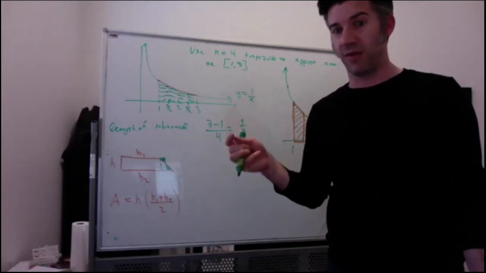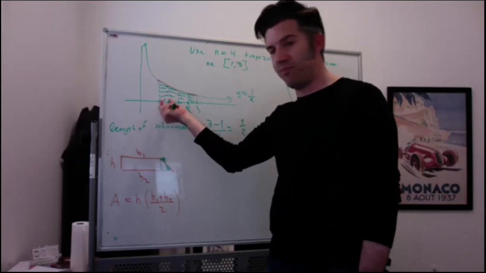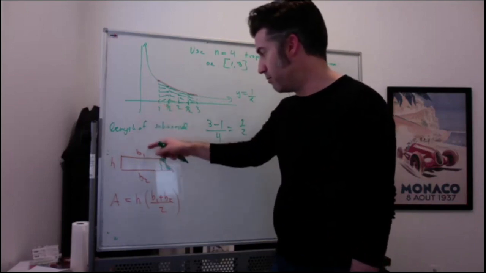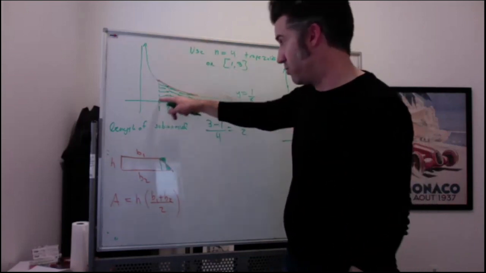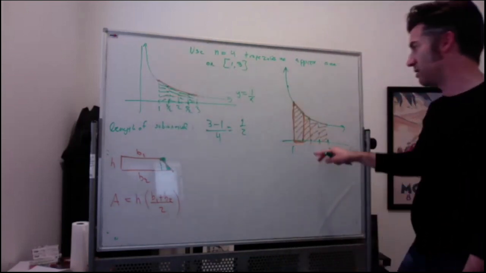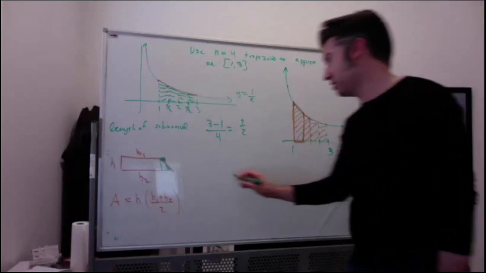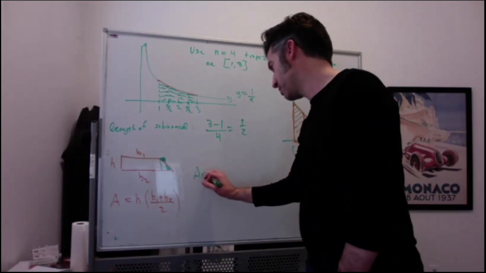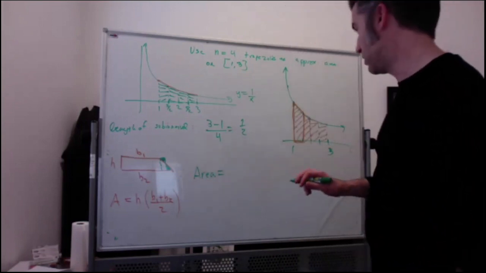We have to be a little bit careful because in this picture, the height is really the base in this picture, and the bases are the heights. So when I find the area of my trapezoids in this picture, it's going to be the average of the heights times the base. So let's write all the trapezoids.